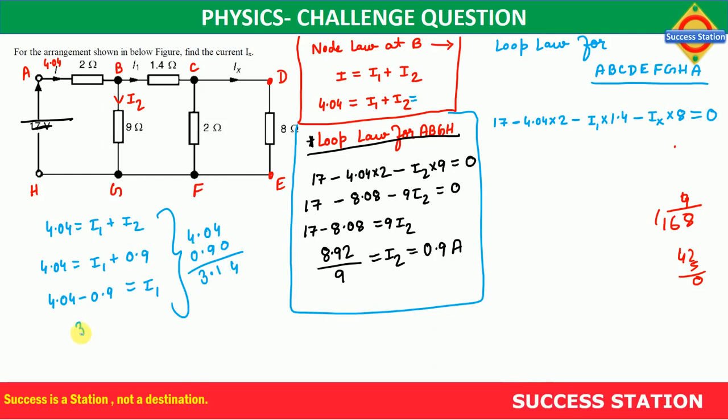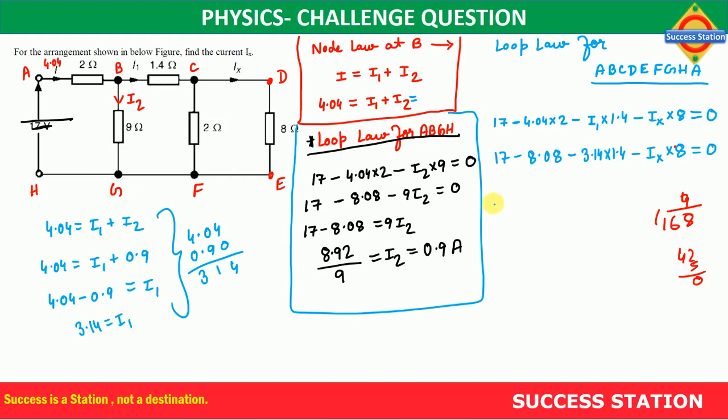So 3.14 equals I1, clear up to here. Then 17 minus 4.04 into 2, which is 8.08, minus I1 which is 3.14, into 1.4, minus IX into 8 equals 0.